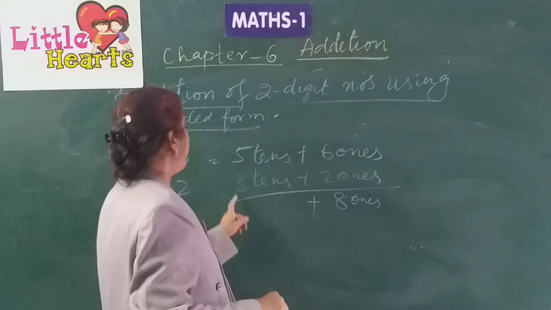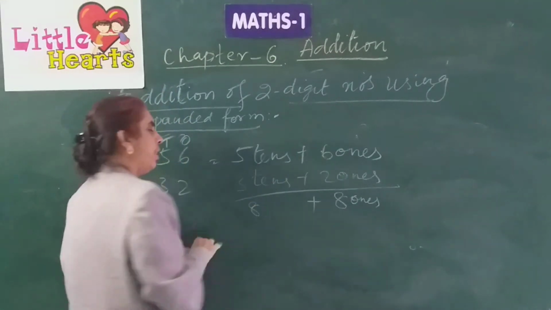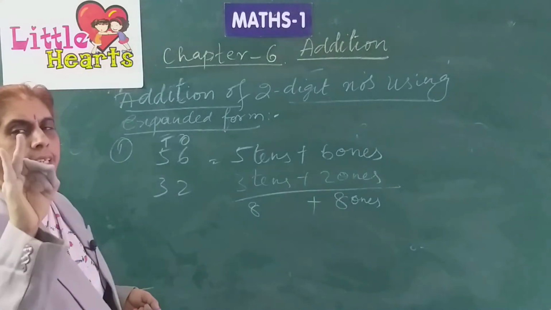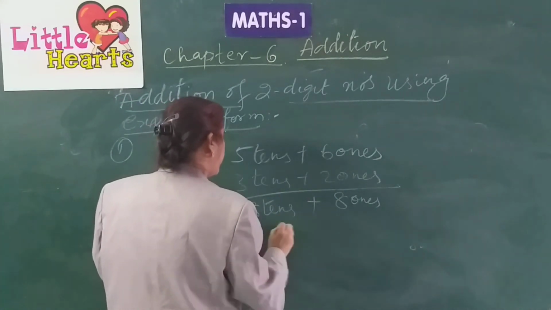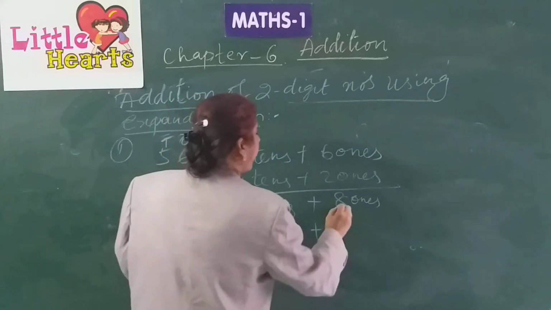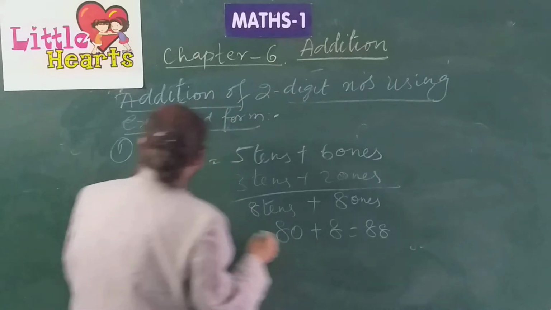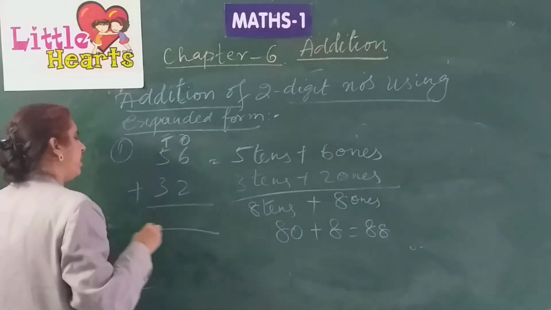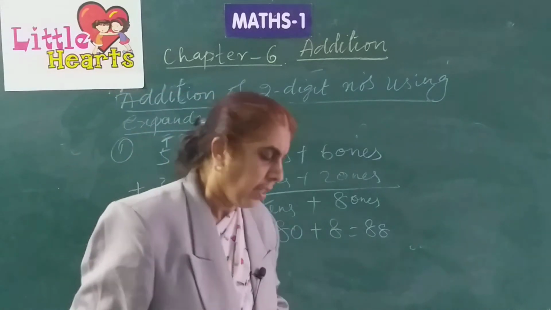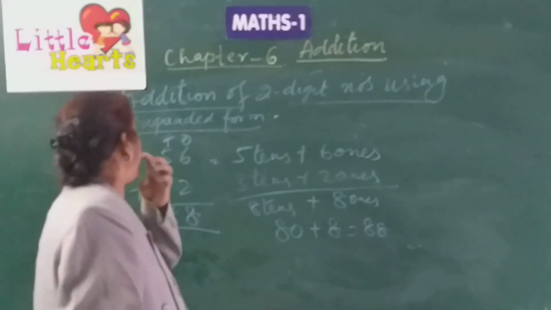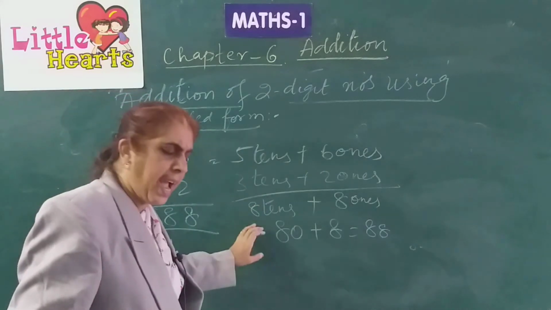Then 5 plus 3: 3 fingers after 5: 6, 7, 8. 8 tens plus 8 ones. 8 tens is 80. 8 ones are 8. 80 plus 8 is equal to 88. The sum of 56 plus 32 is 88. In this way you can write the expanded form of each number and then you can add.